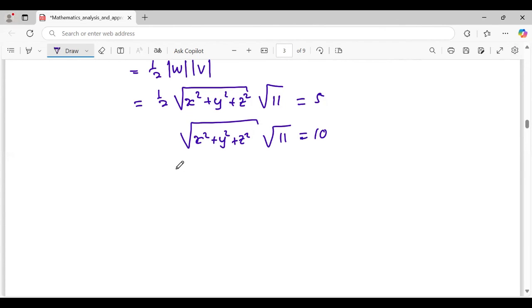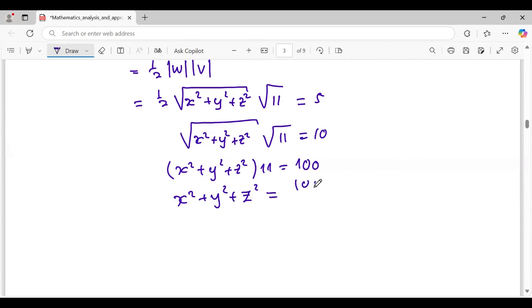Or X squared plus Y squared plus Z squared multiplied by 11 is 100, with both sides squared. Next, X squared plus Y squared plus Z squared equals 100 over 11.